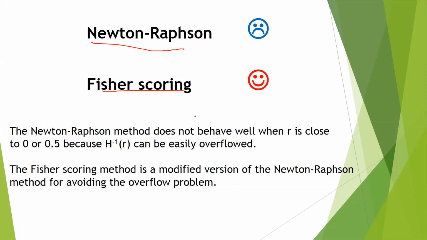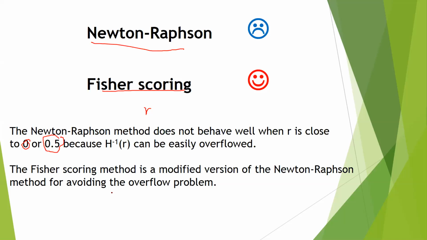All right, as I mentioned, the Newton-Raphson and the Fisher scoring are very close to each other if we're dealing with the situation when R is not close to 0 or 0.5. Those two represent two extreme cases, right? The 0 means there's no recombination at all, meaning the two loci are very close to each other. 0.5 means either these two loci are unlinked, or they are located on the same chromosome but far removed from each other.